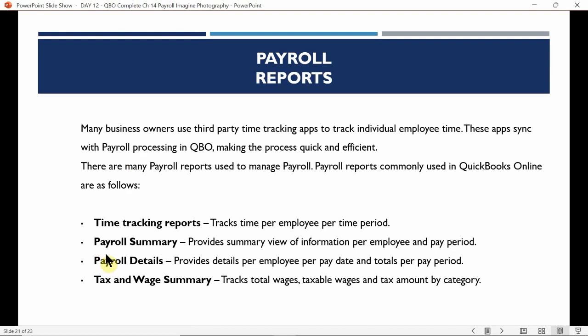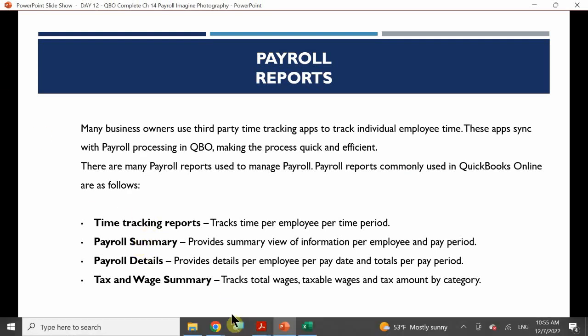You can keep track of the reports for payroll summary, but in this case, you definitely would need the payroll service to be on for this to be able to view this for payroll summary or payroll details, because what it does is it takes an account of all the payroll items and be able to produce that for you. So unfortunately, we don't have that. And we also can see our tax payments and so on and so forth.